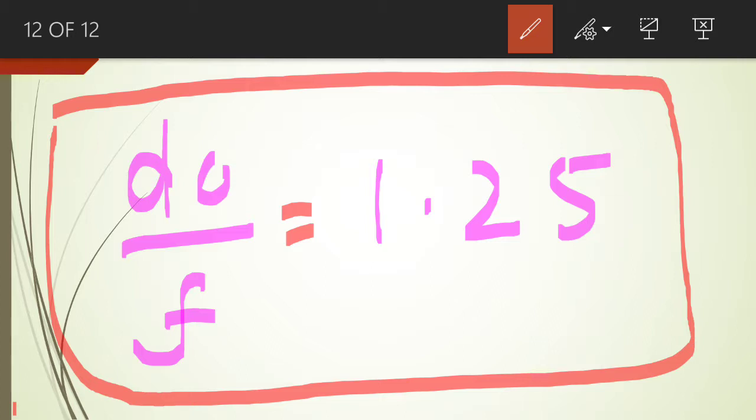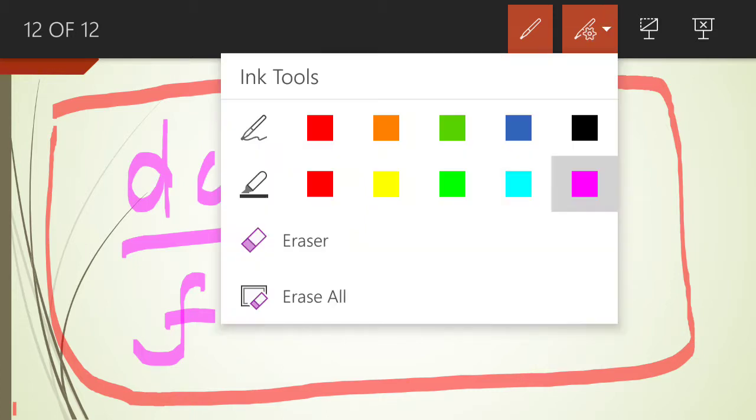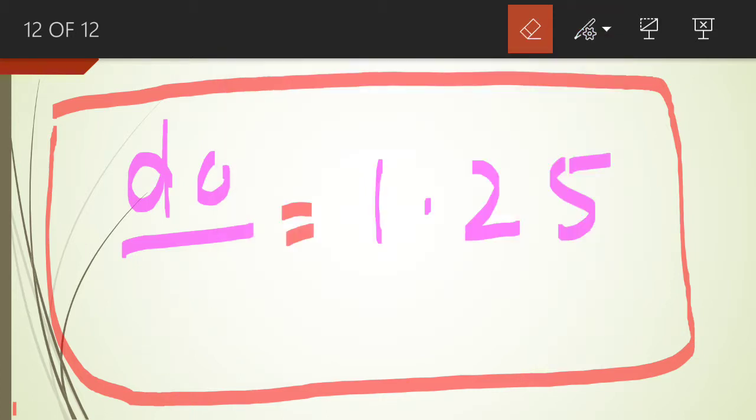So we can calculate d naught, right? Why? Because d naught will be equal to 1.25 f. So if the focal length of the spherical lens is known, we can calculate the distance between the source and the spherical lens. We can find out the distance between the object and the spherical lens, and the object in this particular case is the source.